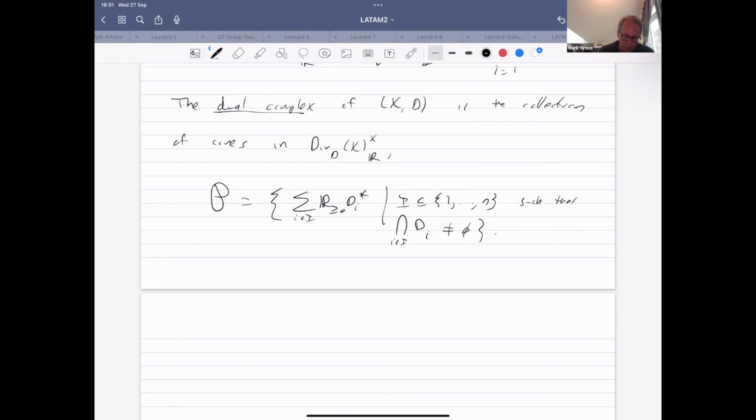Okay, and then I'm going to take B, and you should think of B as being almost the same B we saw before. B is just the union of sigma in P of sigma.